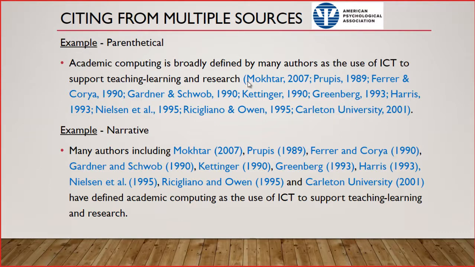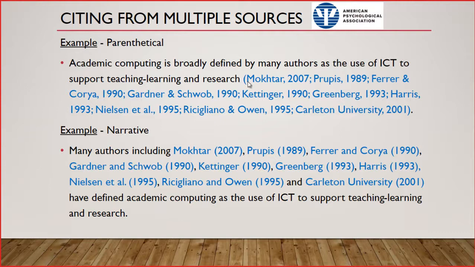Okay, what if you have 2 paragraphs, and these two paragraphs are from the same reference, let's say Mohtar 2007? Paragraph number 1 is from Mohtar, paragraph number 2 is also from Mohtar, and each paragraph has several sentences.